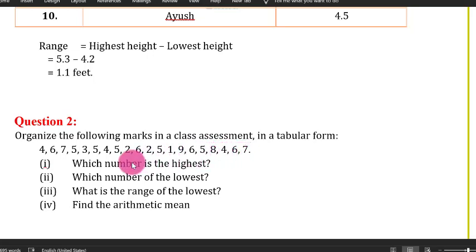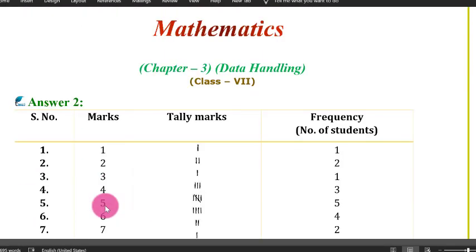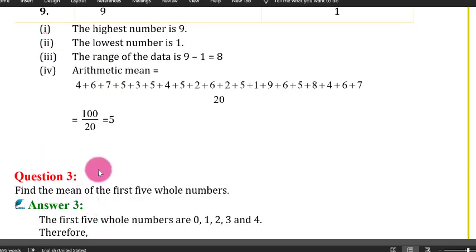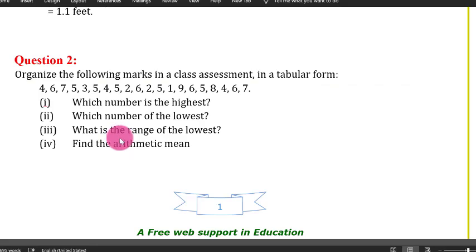In this data, which number is the highest, which is the lowest, what is the range, and find the arithmetic mean. We should know the formulas to solve this problem: range is equal to highest minus lowest value, and arithmetic mean is equal to the sum of all data divided by the number of items.